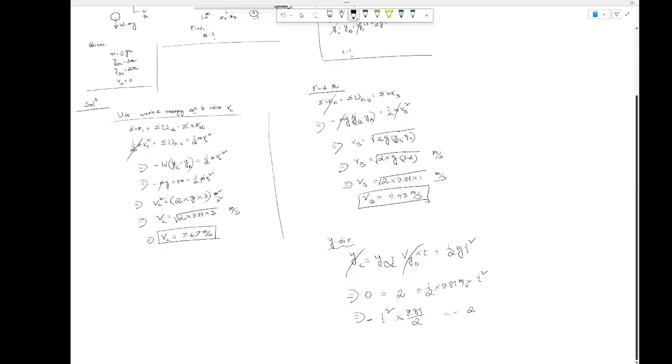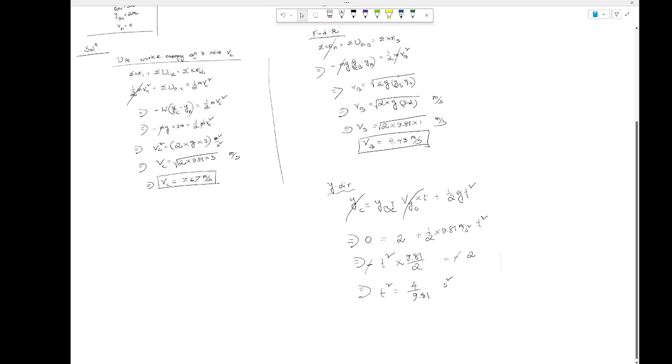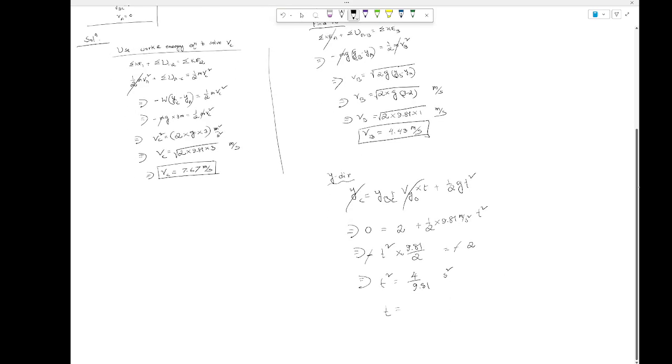No, this is a meter, so the m was the unit. Okay, so let's just not write the unit for now, and start to solve this. So t square is going to become 4 divided by 9.81, right? Now obviously this would be second square, the final unit you can write here, as long as you keep up with the base unit. And then this t should be the square root of 4 divided by 9.81 second, which would be 0.64 second, right?